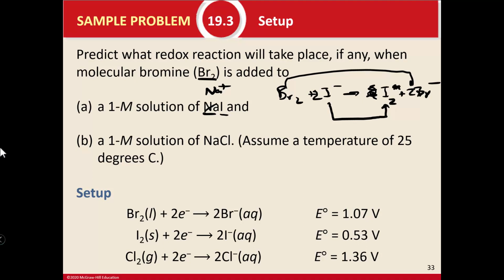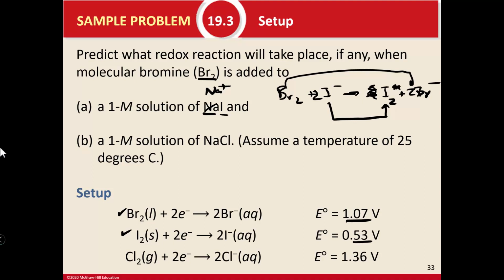All right. So here's bromine's reduction potential. You look that up in a table. It's 1.07. It's a positive value. That reaction looks like it wants to happen, right? Here's iodine. It has a reduction potential of 0.53, which is less than the bromine's reduction potential.